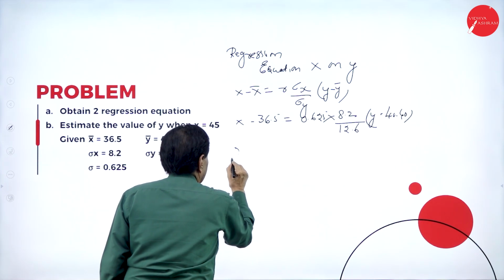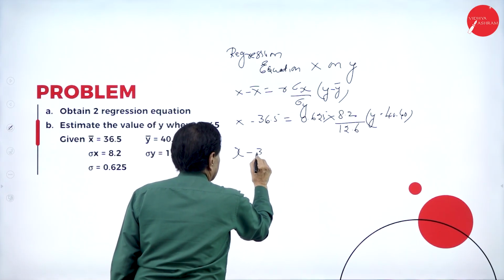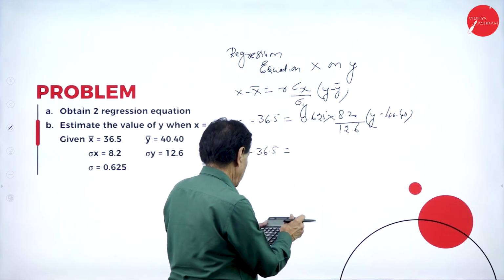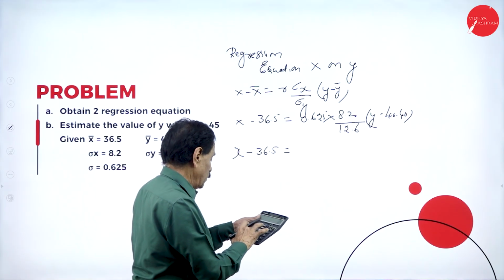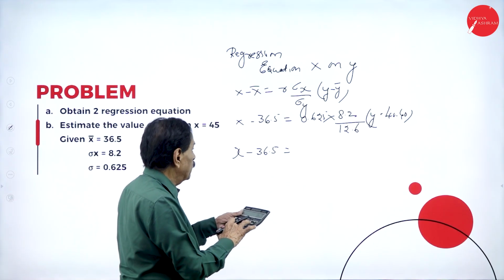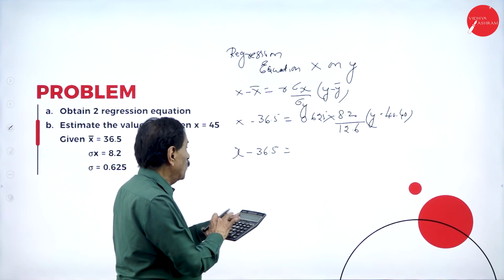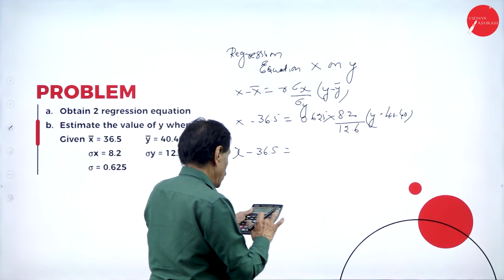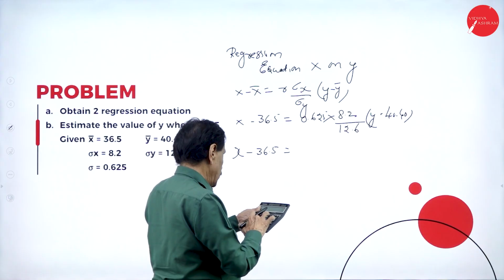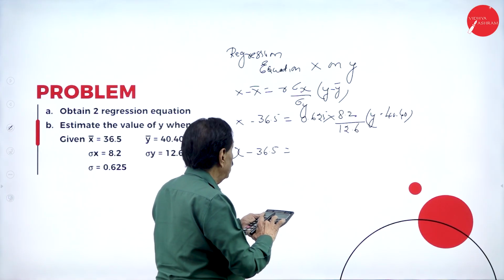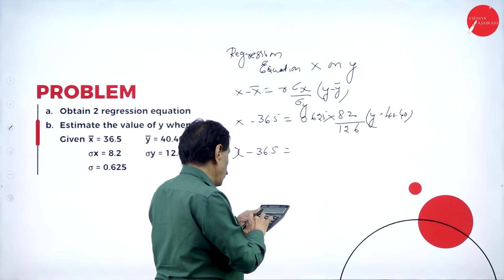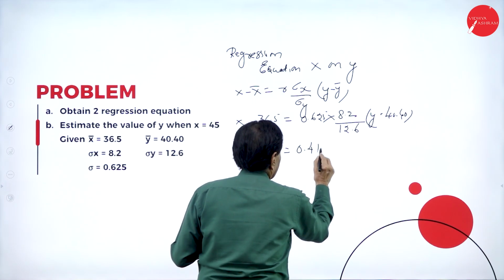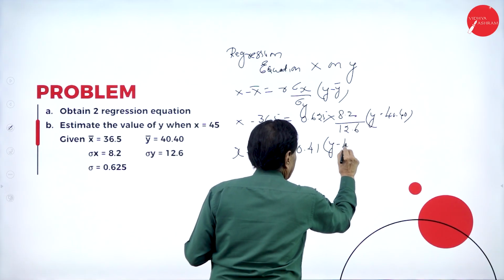This is equal to x minus 36.5. Simplify this. 0.625 into 8.2 divided by 12.6 gives 0.41, into y minus 40.40.